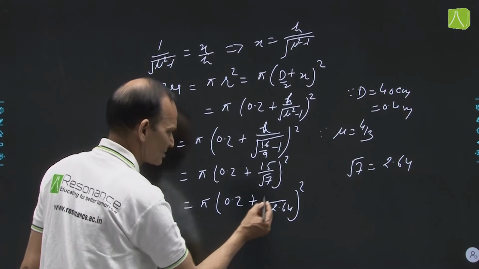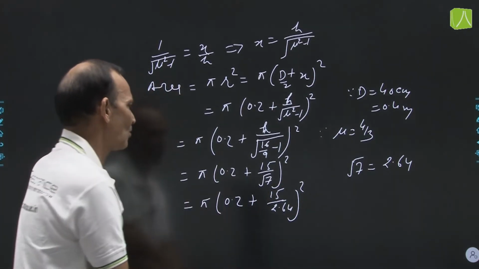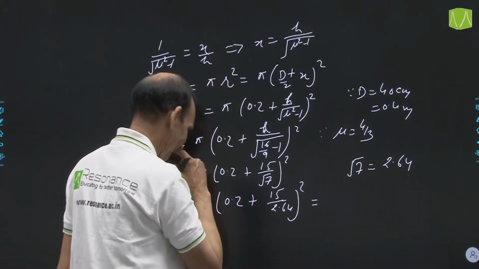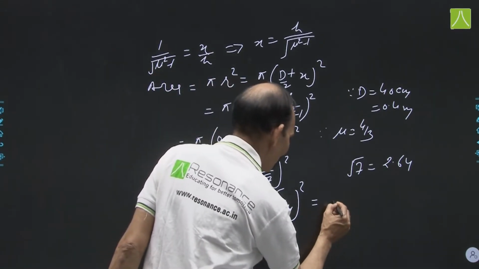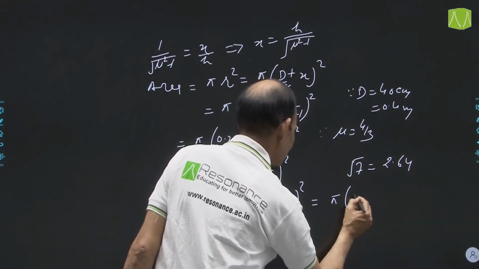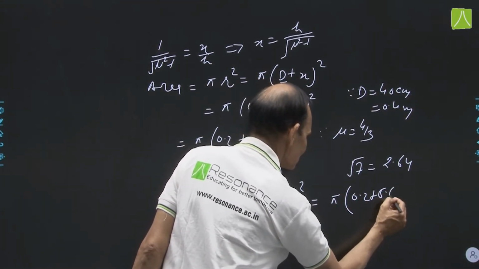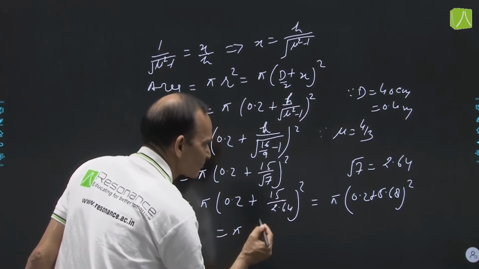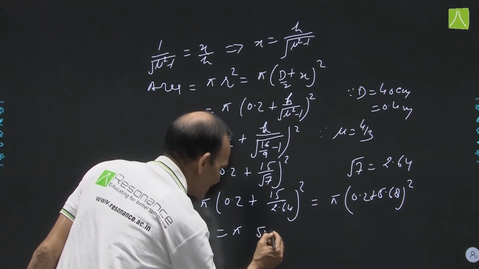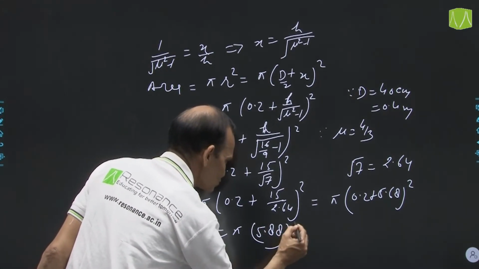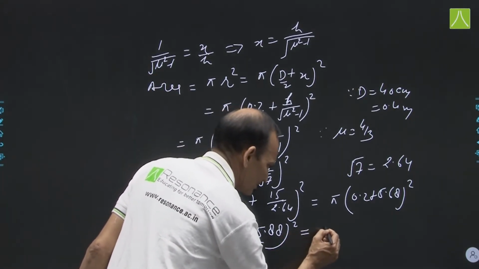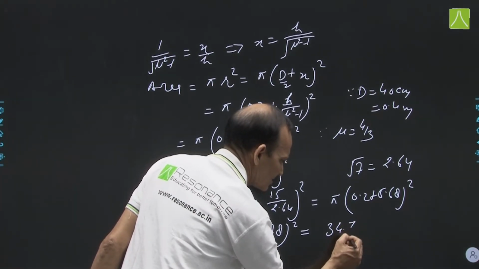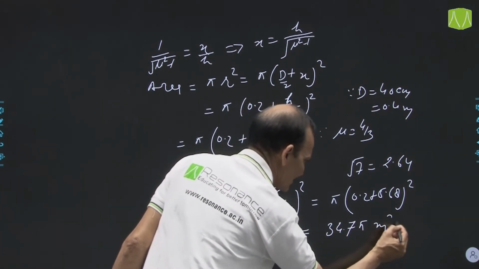That is approximately 5.68. So pi into 0.2 plus 5.68, whole square, that is pi into 5.88 square. Solve it. Approximately 34 point something, approximately 6 or 7 pi. It is meter square. It is the area.